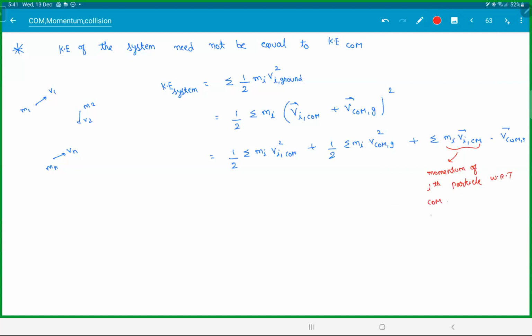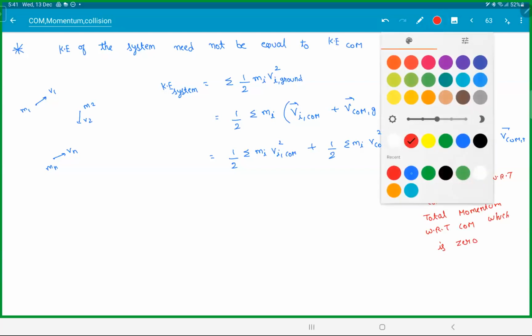So the total summation sigma will be total momentum with respect to center of mass. What is the momentum with respect to center of mass? We wrote this last time, remember? 0. Because if you stand on the center of mass frame, you think the center of mass is not moving. So this entire right side term will become 0.